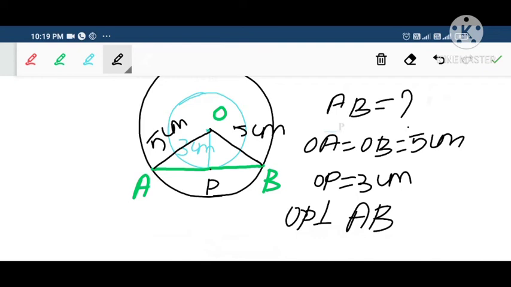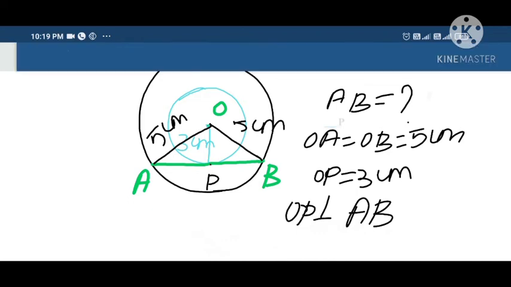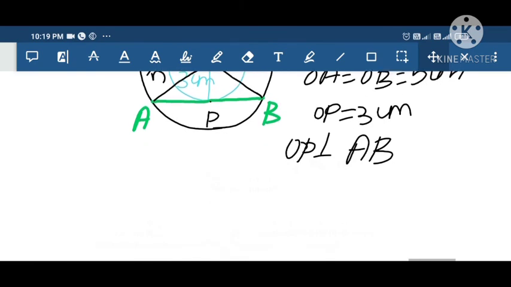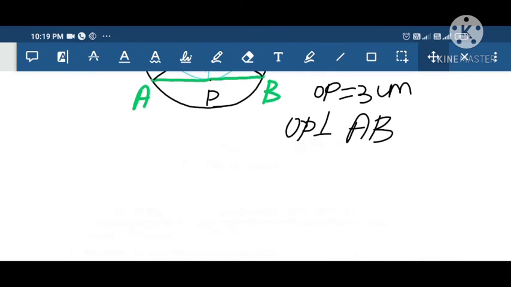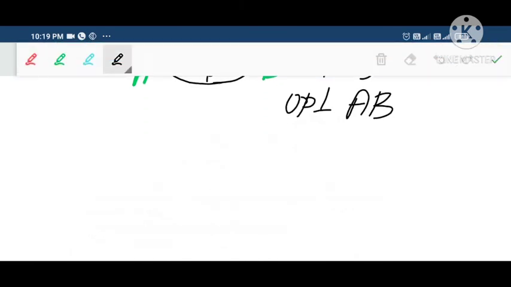We need to concentrate on the triangle OAB now. I draw that triangle OAB separately like this.